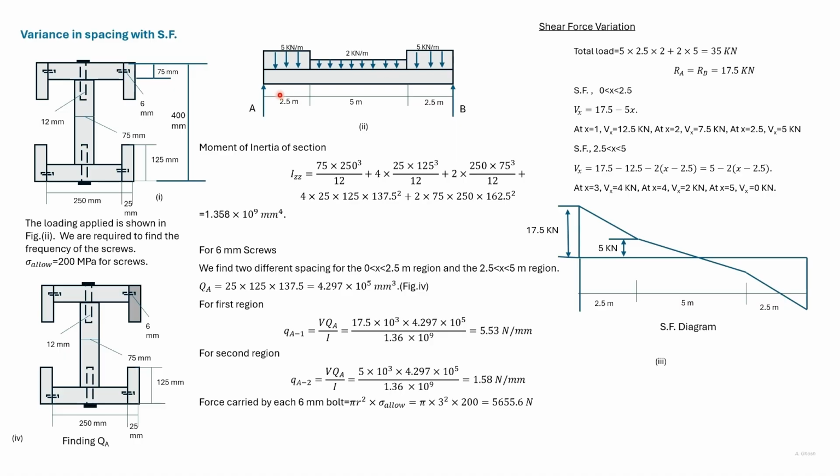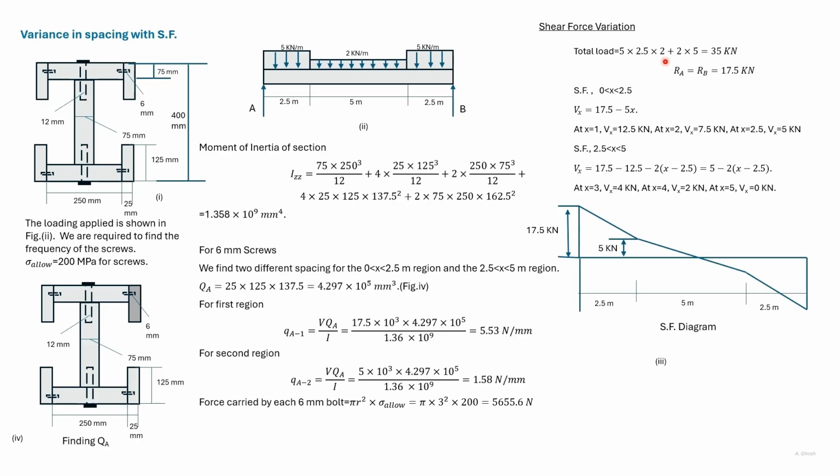The shear force will vary along the beam for this type of loading. That would mean that we do not need to use the same spacing throughout the beam for the two different types of bolts. We first look at the shear force variation.